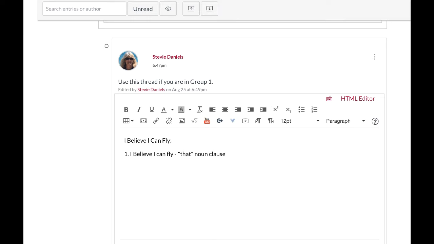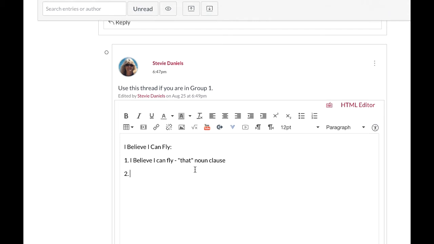And then the second one, that one was I used to think that life could not go on. And this particular noun clause is followed by the verb think.